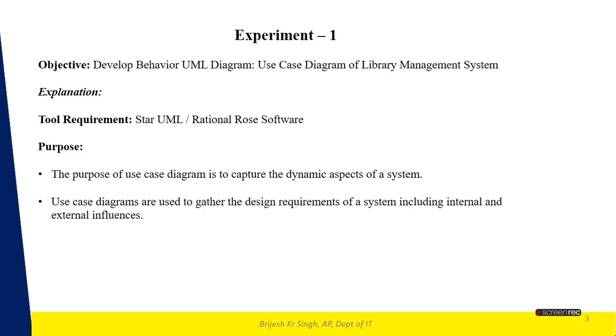The purpose of a use case diagram is to capture the dynamic aspects of a system. Use case diagrams are used to gather the requirements of a system, including internal and external influences, and these requirements are mostly design requirements. So when a system is analyzed to gather its functionalities, use cases are prepared and actors are identified.